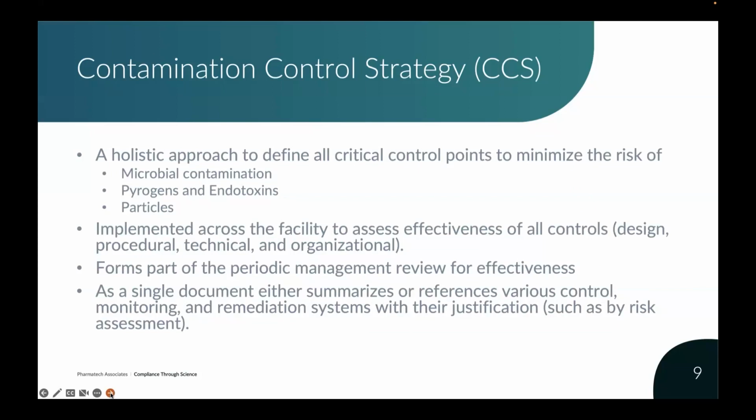So they want to talk about what is being done across the organization about all these potential contaminations and what controls are being put in place. This is implemented across the entire facility to assess effectiveness of all the various aspects of control, whether it's the design of the facility itself, what procedures are in place, what technical aspects are being done in terms of equipment and systems, and also organizational.